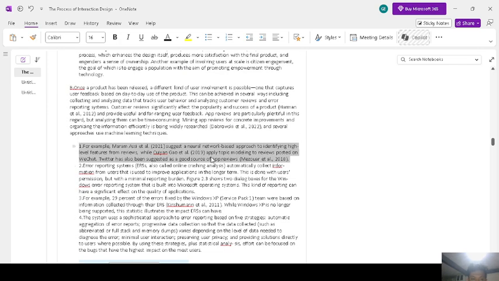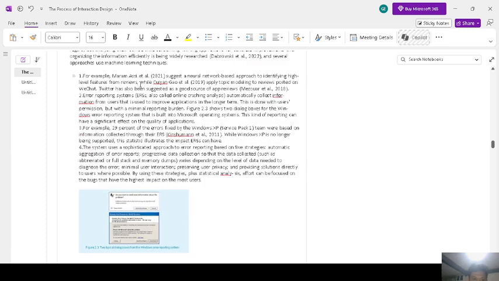So once the product has been released, the way to involve the user is day-to-day use feedback and using analytics tools to measure their interaction with our system. For example, Maram suggests a neural network-based approach to identifying high-level features from reviews, while Gao 2019 applied topic modeling to reviews posted on WeChat.